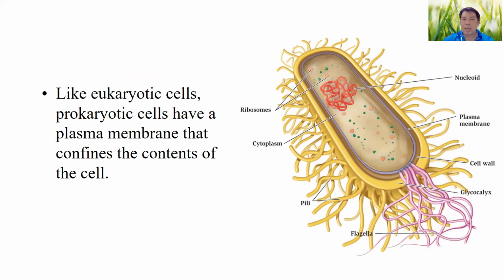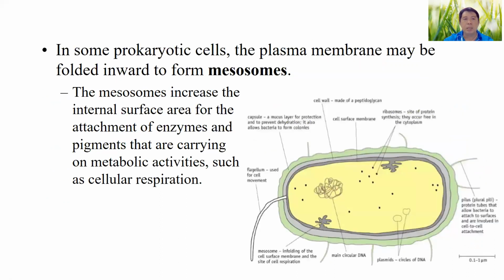Like eukaryotic cells, prokaryotic cells have a plasma membrane that confines the contents of the cell, as we discussed in the previous slide. In some prokaryotic cells, the plasma membrane may be infolded to form mesosomes, as you see in the diagram here.